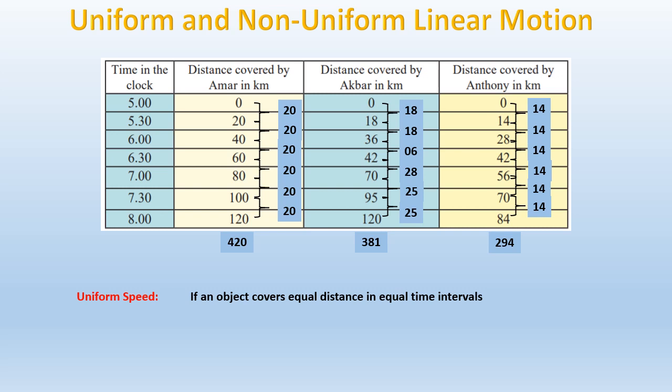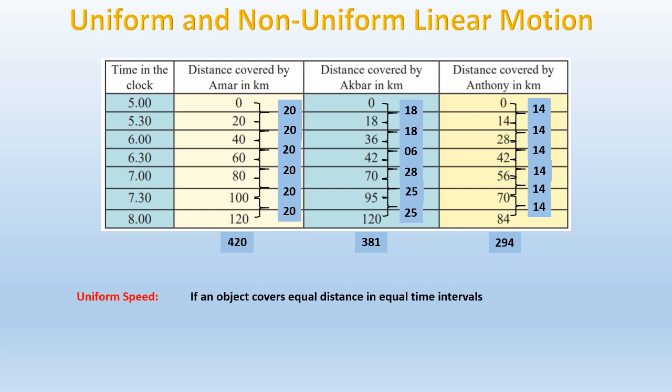Now, which two friends show uniform speed? Amar and Anthony show uniform speed because they are covering equal distances in equal time periods. Whereas in Akbar's case, the distance is not equal. So not equal means non-uniform. So Akbar has non-uniform speed.